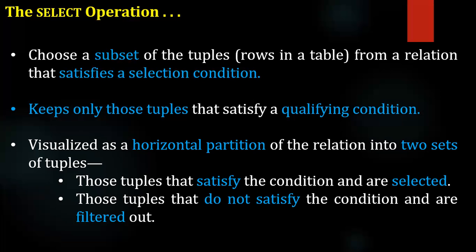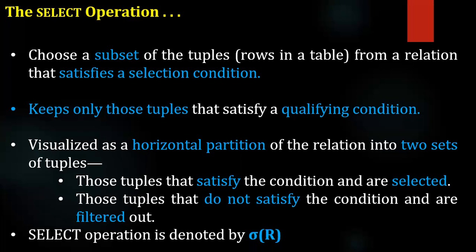One set of rows or tuples contains the tuples which satisfy the condition, and they are selected, and the tuples that do not satisfy the condition are filtered out.